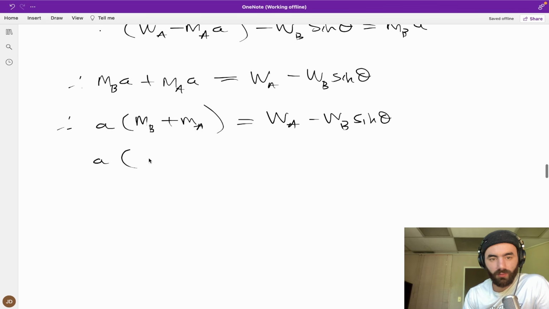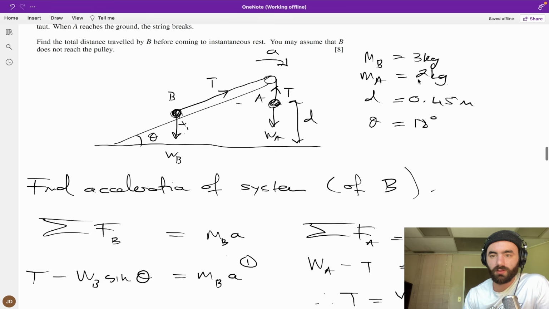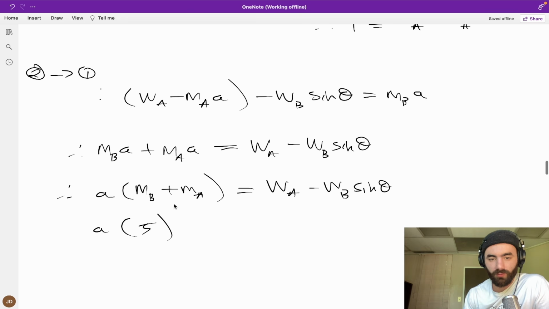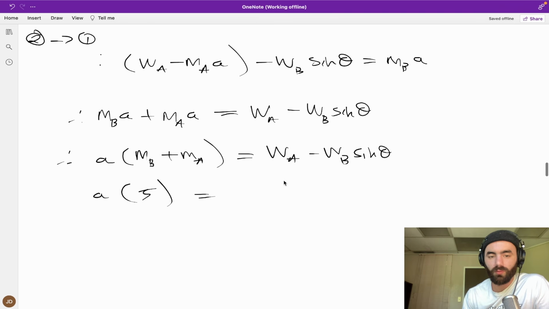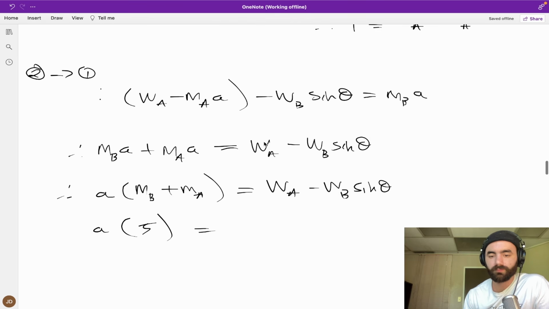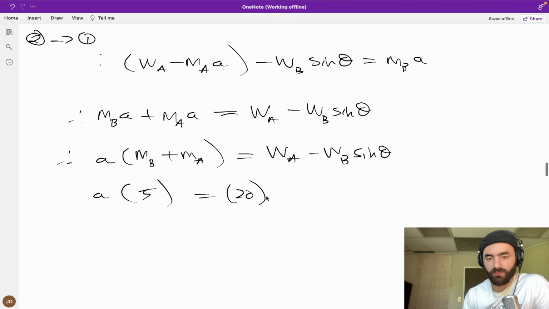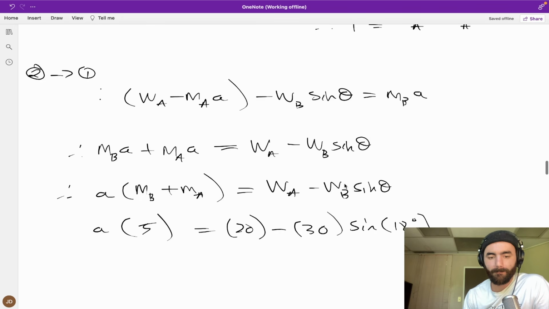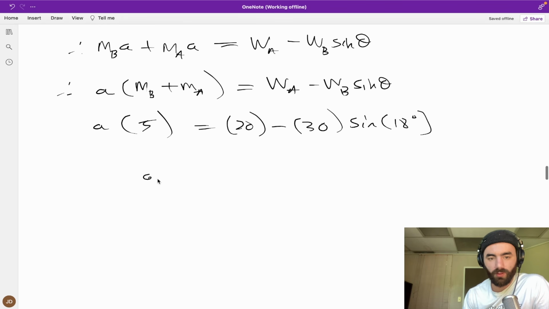The mass of B is 3 and A is 2, so this will just be 5. The weight of A is 20, and the weight of B is 30, times the sine of theta, which was 18 degrees, I'm pretty sure. Okay, so a will equal this divided by 5.